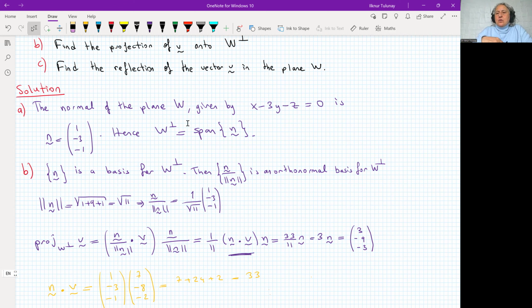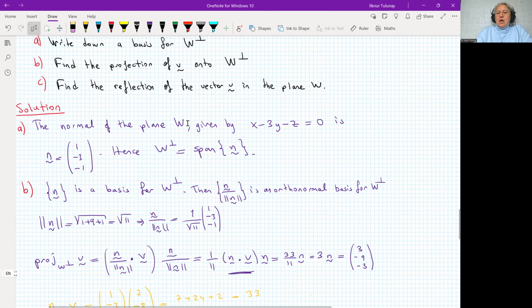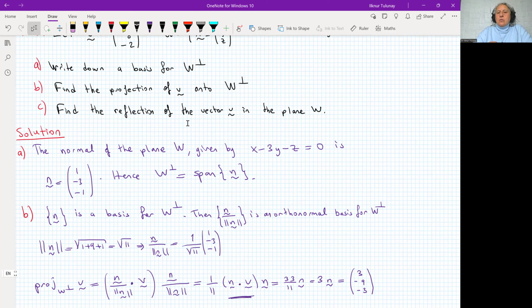You don't need to do such things at all. You can directly say it, because otherwise, if you have some other vectors, some other things to do, then you need to do more calculation.